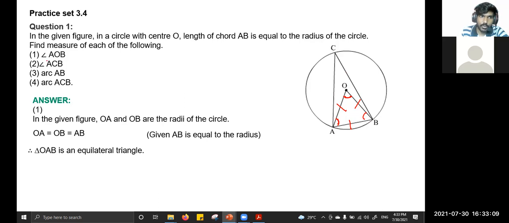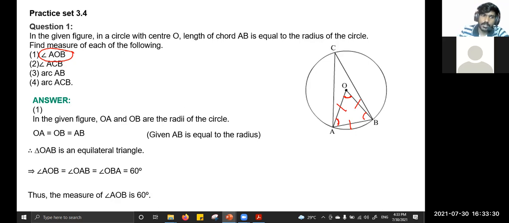What have they asked you? Just angle AOB. So what will be angle AOB? 60 degrees. Why? Because it's an equilateral triangle. The measure of angle AOB is 60 degrees.